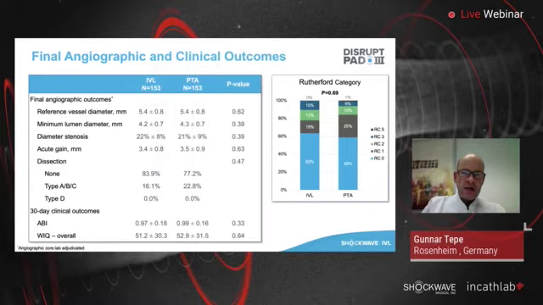The final angiographic and clinical outcome has not shown any significant differences here, because also in the Rutherford category on the right-hand side, this was not after primary treatment only, but after DCB treatment, and then in some patients in the PTA group, especially stent administration. Next slide, please.